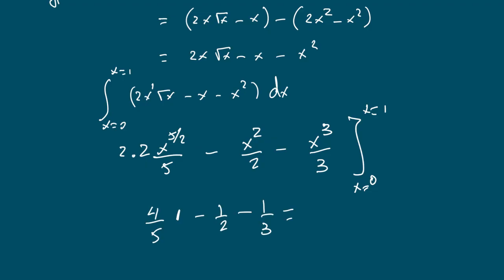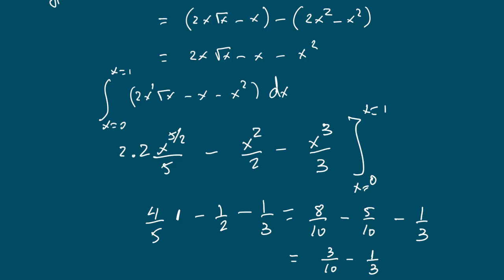So, doing it slowly, 4/5, I write it like 8/10, multiplying the numerator and the denominator by 2, and 1/2 is 5/10. So I would subtract this, it would be 3/10 minus 1/3.